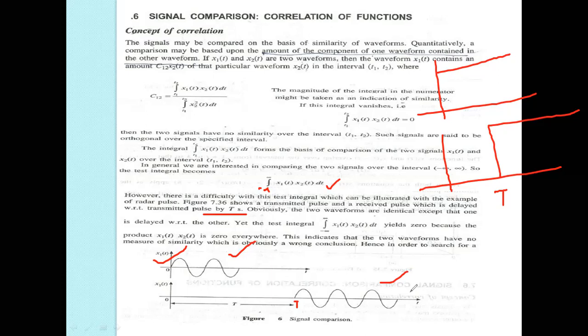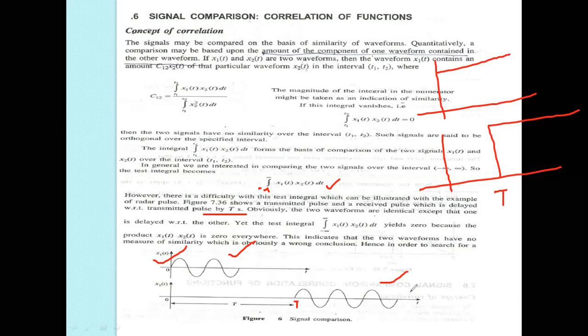The test integral from minus infinity to infinity of x1 of t x2 of t dt yields 0 because the product of x1 of t and x2 of t is 0 everywhere. This indicates that the two waveforms have no measure of similarity. If we get 0, that is obviously a wrong conclusion.